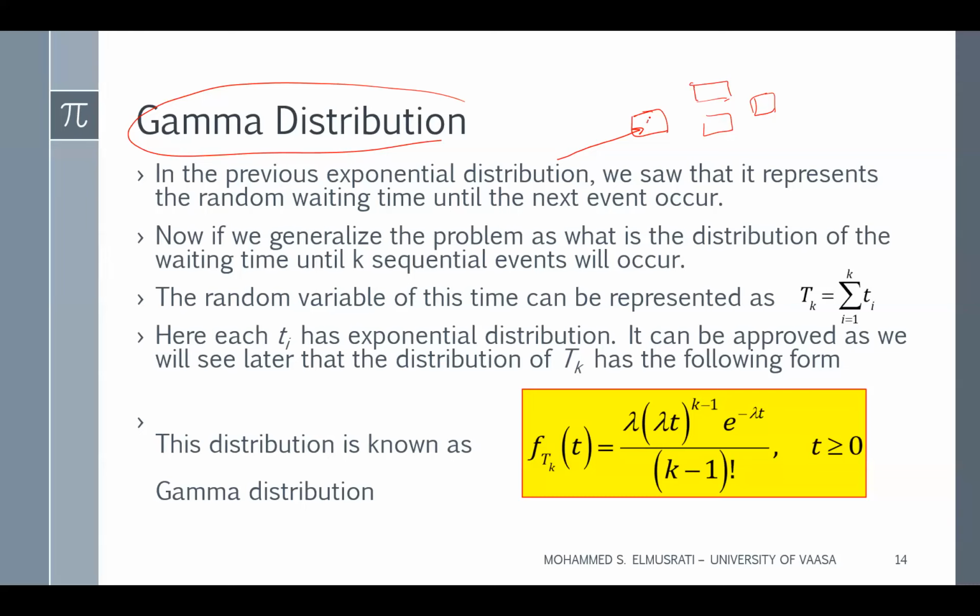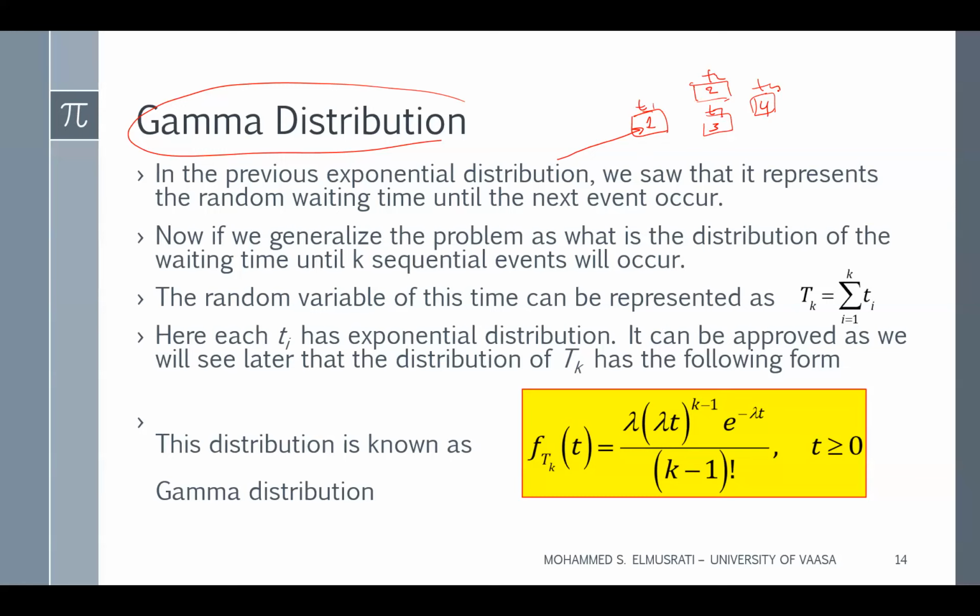So for example, this is system 1, system 2, system 3, and system 4. And then we have T1, T2, the times where a failure happens. This is T3, and then T4.